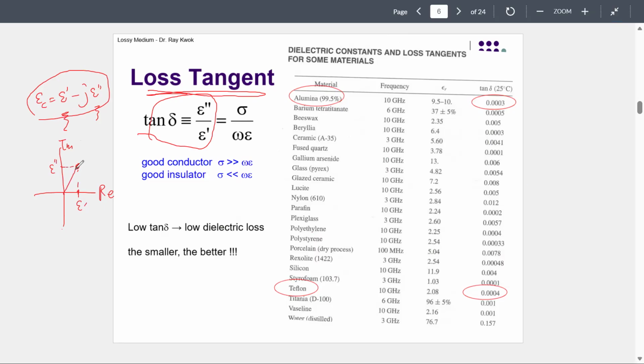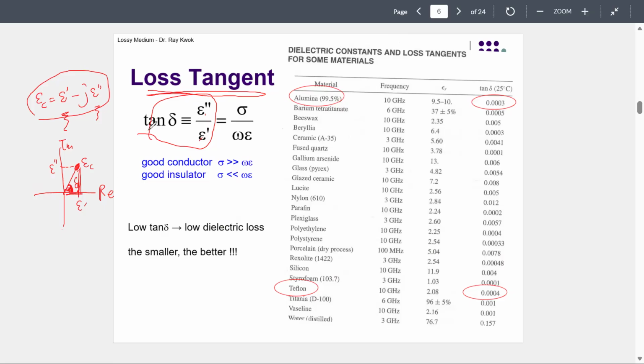Then this is my complex permittivity, and this phase angle is called delta. When I take the tangent of this angle, what do I have? Epsilon double prime over epsilon prime. That's how we define this, right?